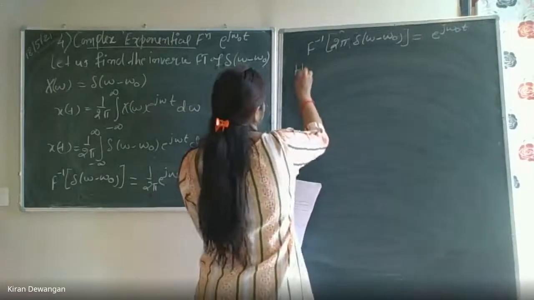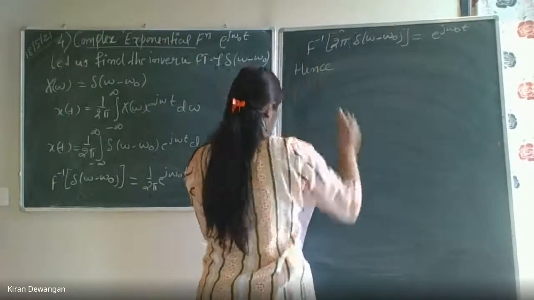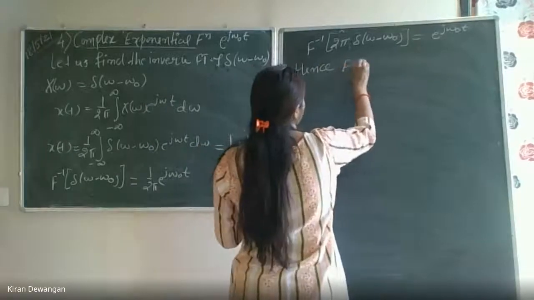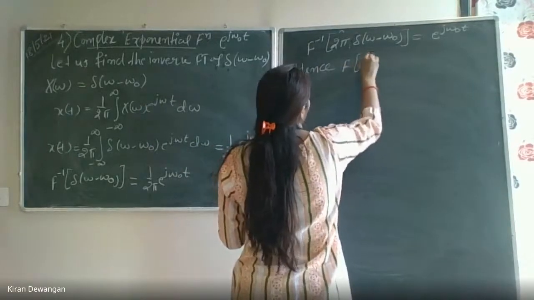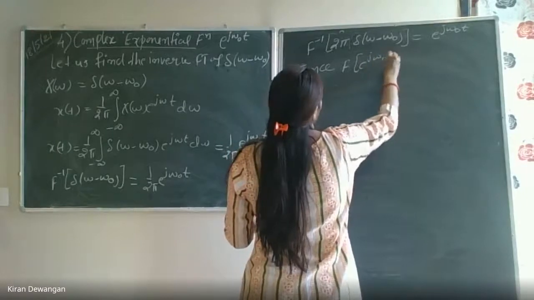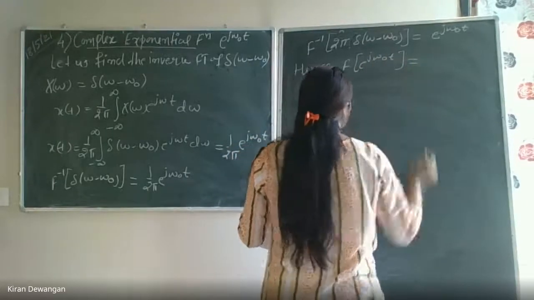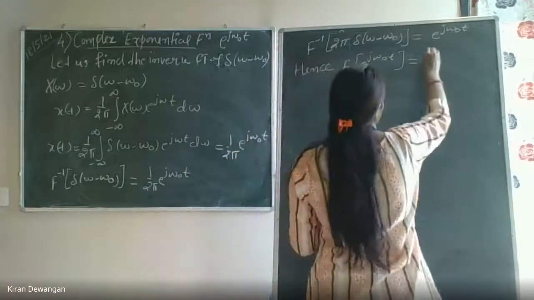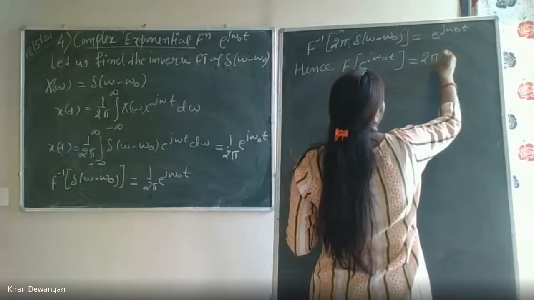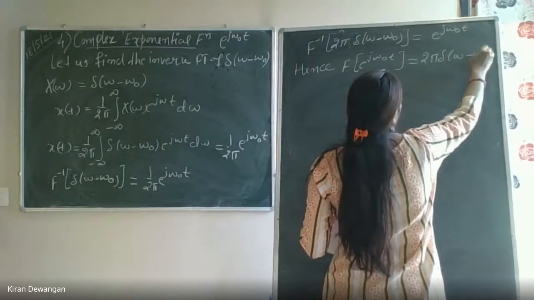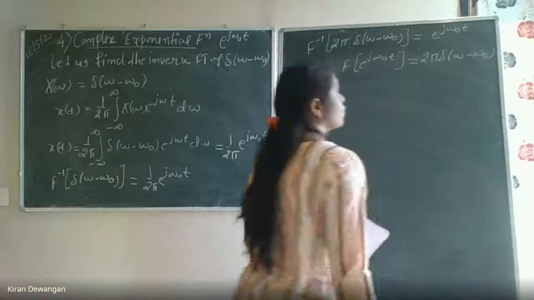Hence, the Fourier transform of e to the power j omega naught t is 2 pi del omega minus omega naught.